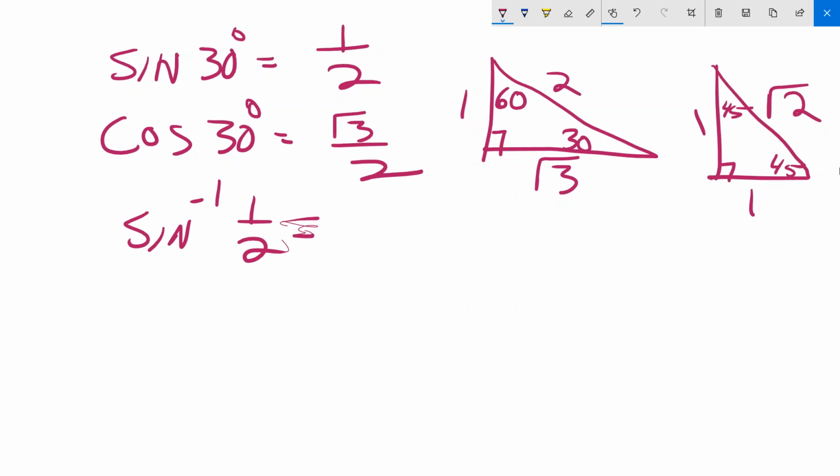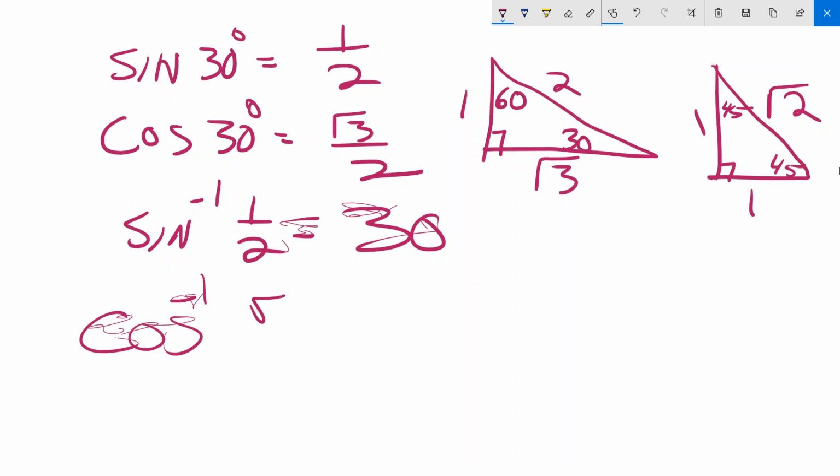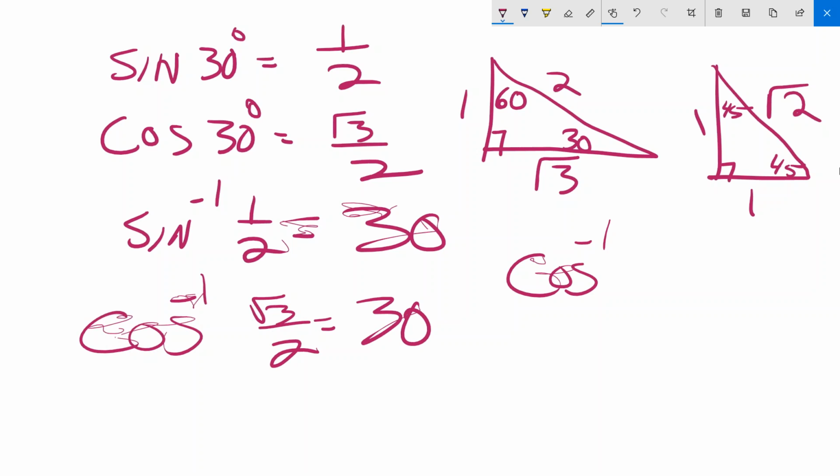What is it? Okay. And if I said, what's the inverse cosine of root 3 over 2? What is the inverse cosine of 1/2? You got it. So you understand trig functions and inverse trig functions?